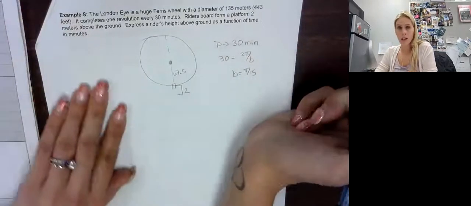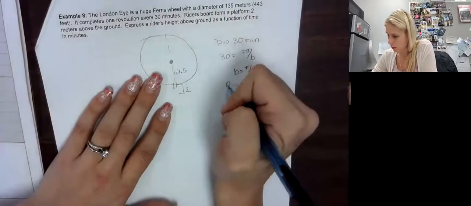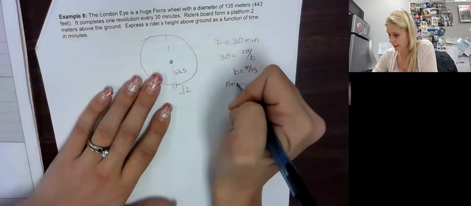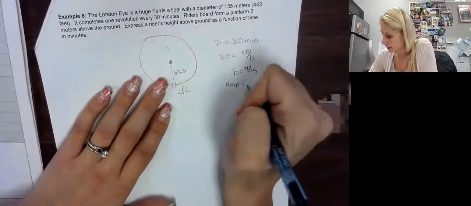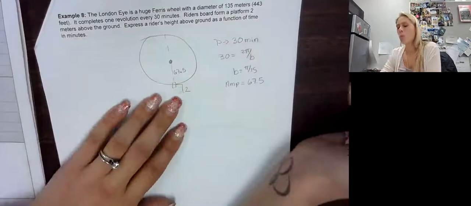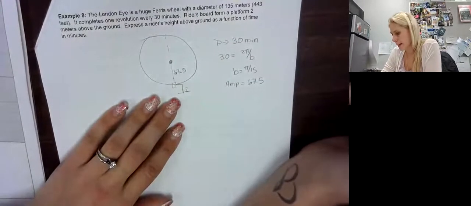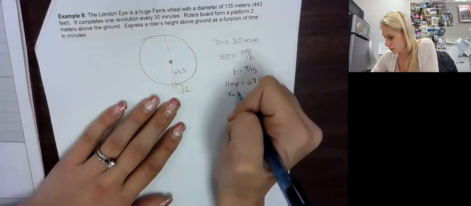Now let's talk about some things that we see here. Amplitude, of course, is from the midline to the top or the bottom. So in this case, it's 67.5. Where is that 2 going to come into play? Well, it comes into play with the vertical shift, right?